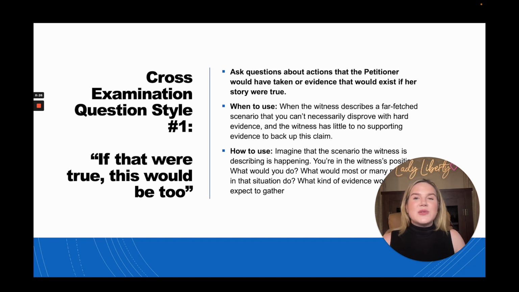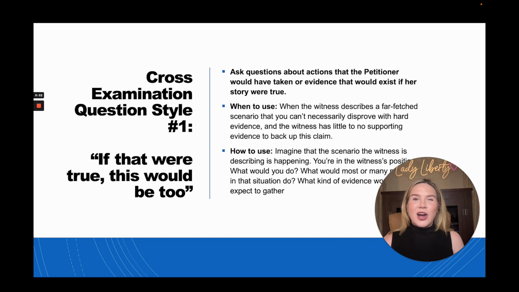And you use this when a witness describes a far-fetched or untrue scenario that you can't necessarily disprove with cold, hard evidence. It's hard to prove that something didn't happen, or to prove a negative, in other words. But you use this when the witness has little to no supporting evidence to back up whatever they're saying happened. Okay, now here's how to do this.